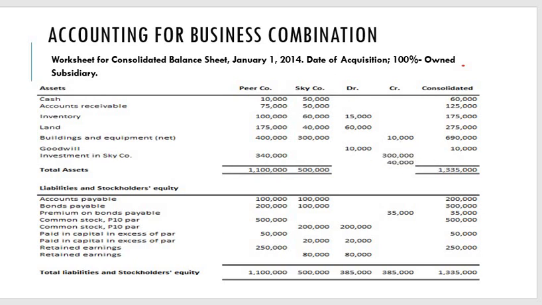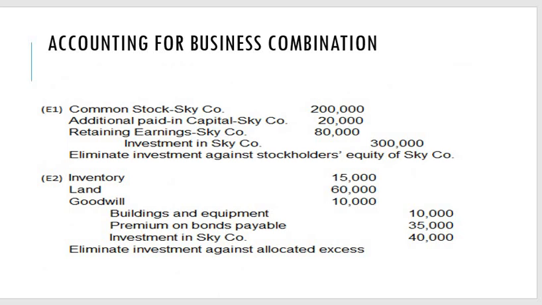Our next eliminating entry is to eliminate the investment against the allocated excess. We have accounts where the fair value and the book value differ at the date of acquisition.